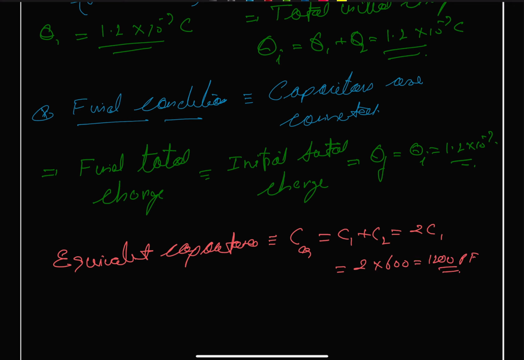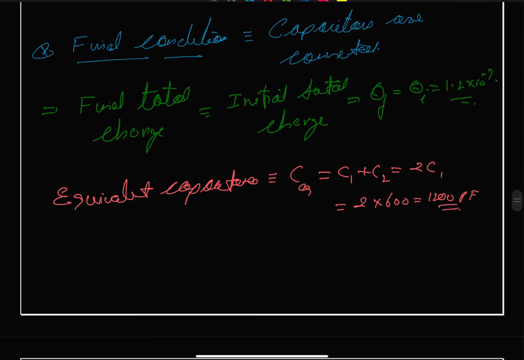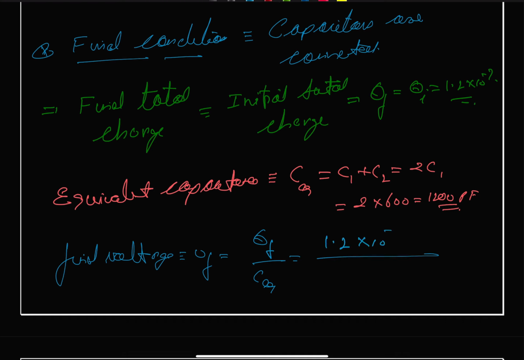So now we can find out the final voltage. Final voltage, let us call this as Vf, will be equal to our final charge divided by C equivalent. Final charge is our 1.2 into 10 to the power minus 7, and this comes as 1200 into 10 to the power minus 12. So we get final voltage will be 100 volt.